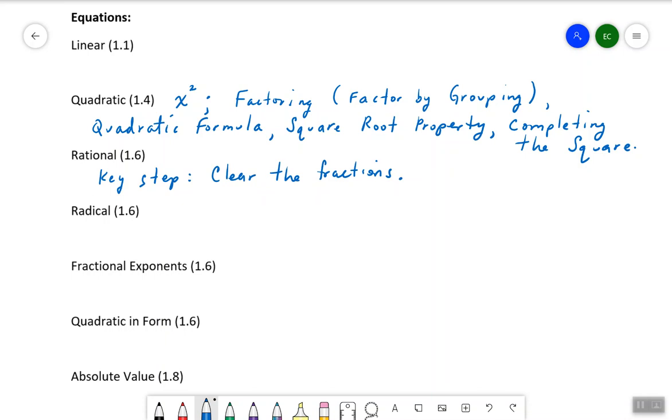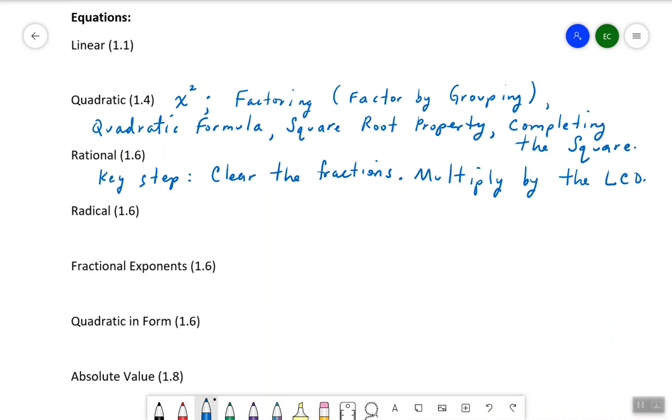And to do that, all we had to do was multiply the entire equation, both sides of the equation, by the least common denominator. We also talked about identifying the domain of the equation and making sure at the end of the problem that we didn't wind up with an extraneous solution. If we got a solution that's not in the domain, then we have to throw it out.